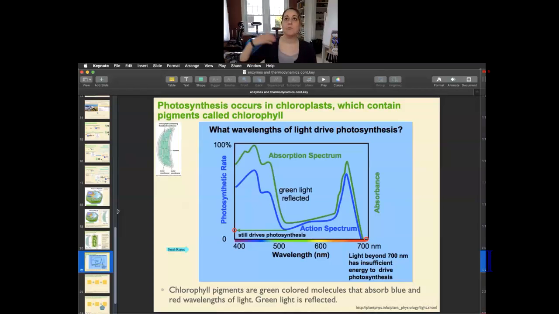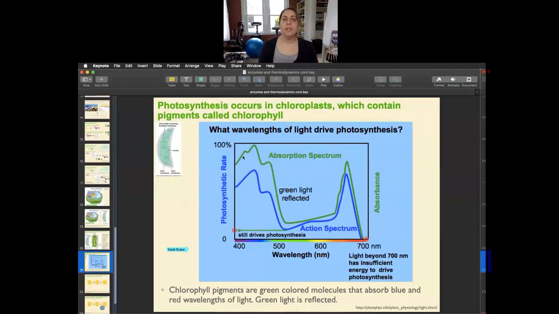So again, it reflects whatever color light we see. If I'm looking at a green leaf, it's reflecting green light. If I'm looking at my gray cat, then it's reflecting many wavelengths of light that mix together to make that gray. If I am looking at an egg, then it's reflecting back yellow wavelengths of light at me, particularly the yolk.